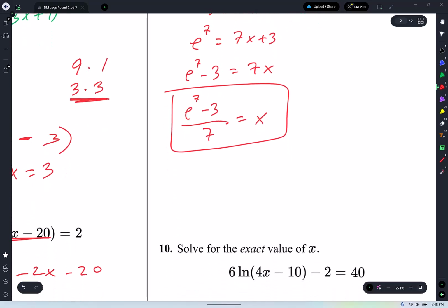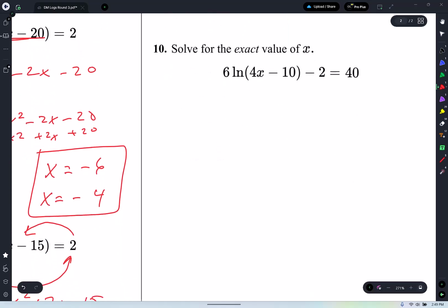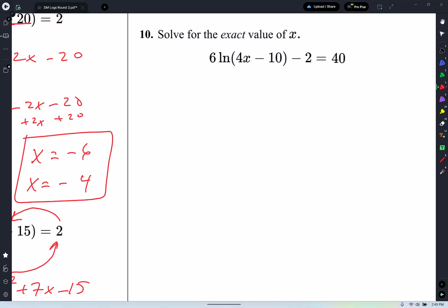All right, let's go to the next one. Number 10. What's your first move? Add 2. 6 ln of 4x minus 10 equals 42. What's the next move? Divide by 6. ln of 4x minus 10 equals, what's 42 divided by 6? 7. If you feel comfortable right here, you can just go e raised to that and drop it, like it's hot: 4x minus 10 equals e to the 7th.